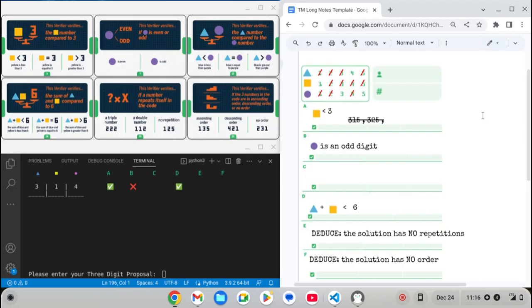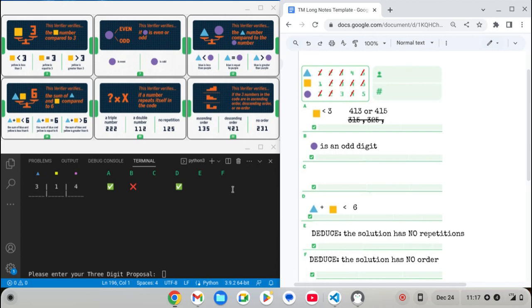So we'll say it's 4, 1, 3 or 4, 1, 5. And the distinguishing trait among those is that in the first case, triangle is bigger than circle, and in the second case, triangle is smaller than circle.